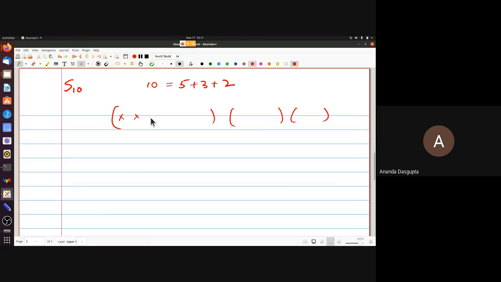Of course, all the objects can be permuted in S10, but right now we are looking at a subgroup of S10, which is S5 direct product S3 direct product S2. S10 contains this as a subgroup.